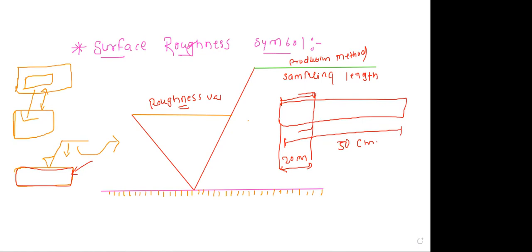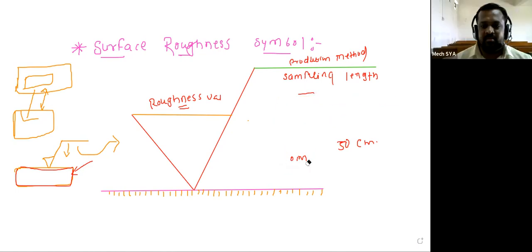Now see here. This portion of this symbol shows the surface roughness value. Again, this portion shows the production method. This portion below this line shows the sampling length.